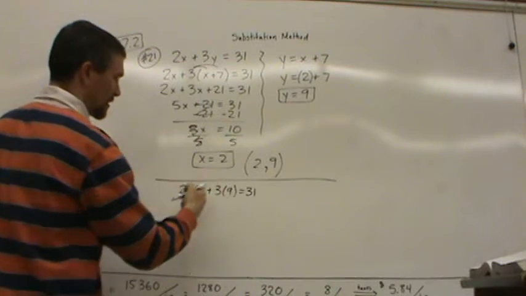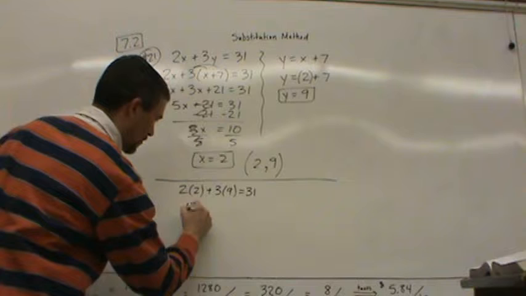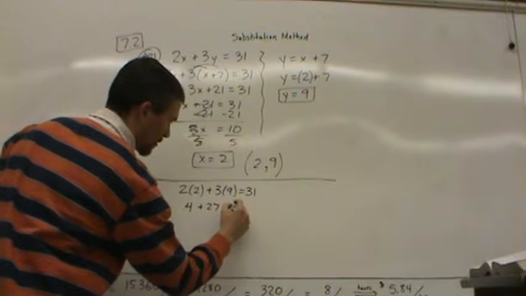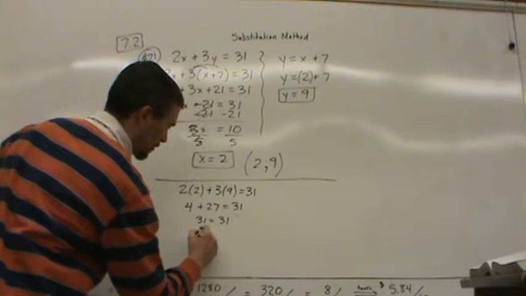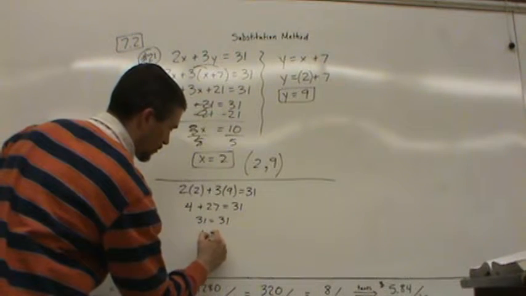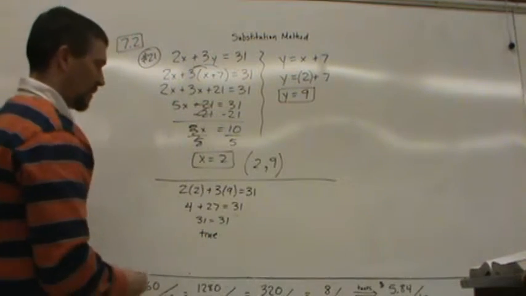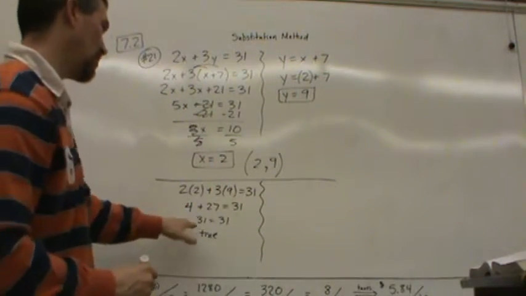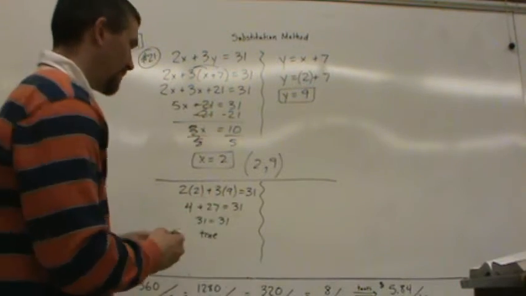Because if this point is on this line, and we do this, it should spit out something true. True. And in previous videos I went ahead and wrote out, I would actually like to see my students say, yes, 2, 9 is on the line, solution.